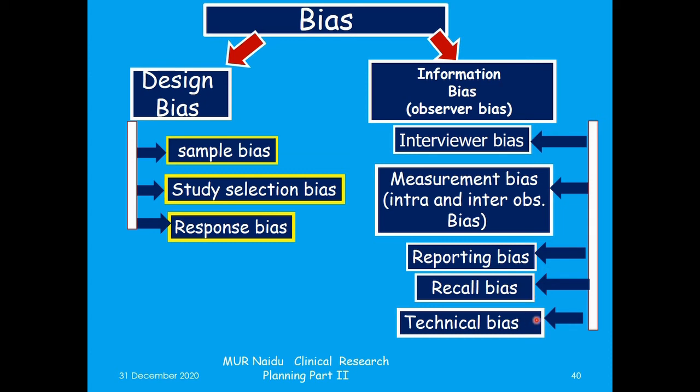There may be a possibility that a particular technique has to be followed for determination of a particular parameter in the lab, but the standard technique which is required may not be followed because of various reasons, or poor quality standards or reagents are used, which may lead to this type of bias. So these are the important design and information biases which may come in a clinical trial and may lead to poor data after the clinical research.